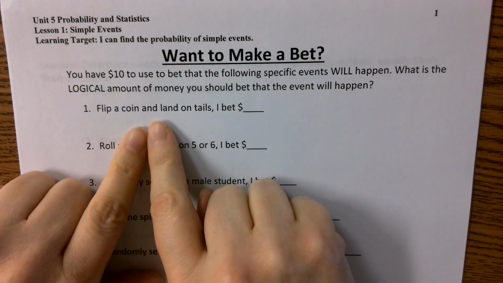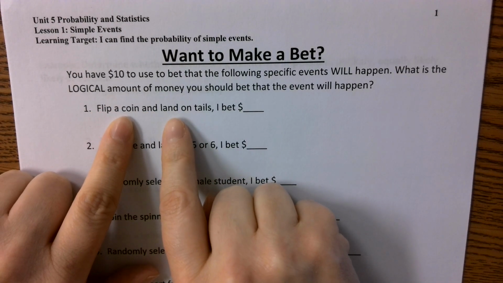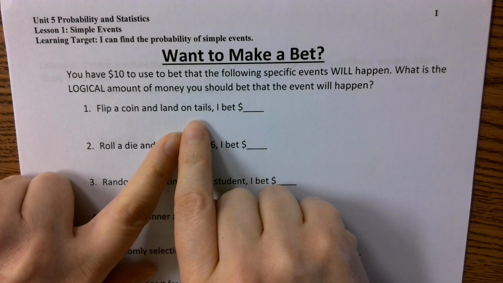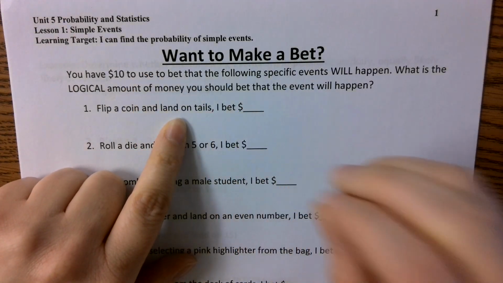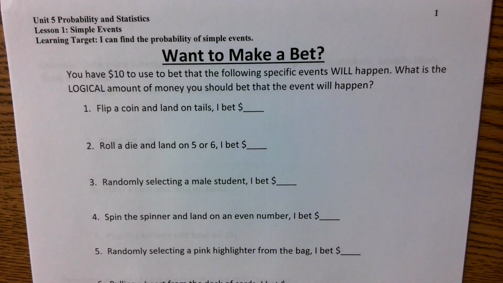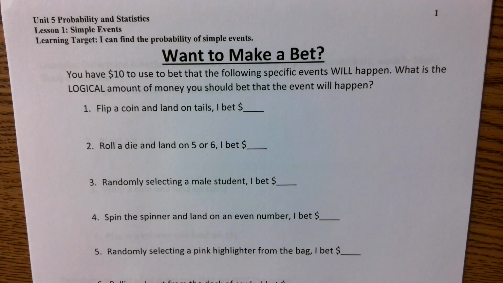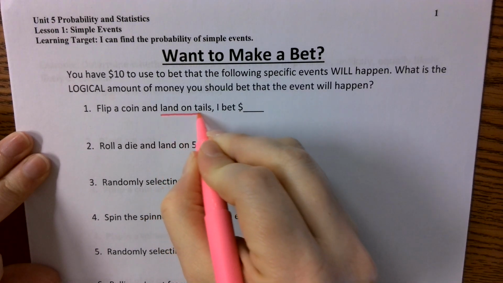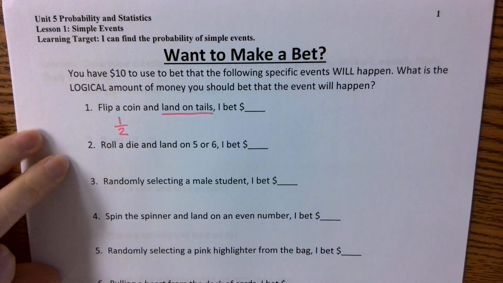Okay, so we'll do the first one together. We're going to flip a coin and we're expecting it to land on tails. So out of $10, how much money would be a logical bet to make? $5, right? Because we know the idea of landing on tails is going to happen 1 out of 2 times.